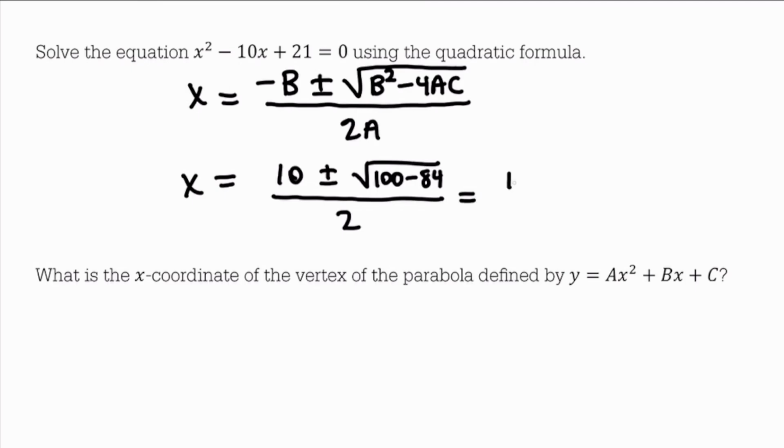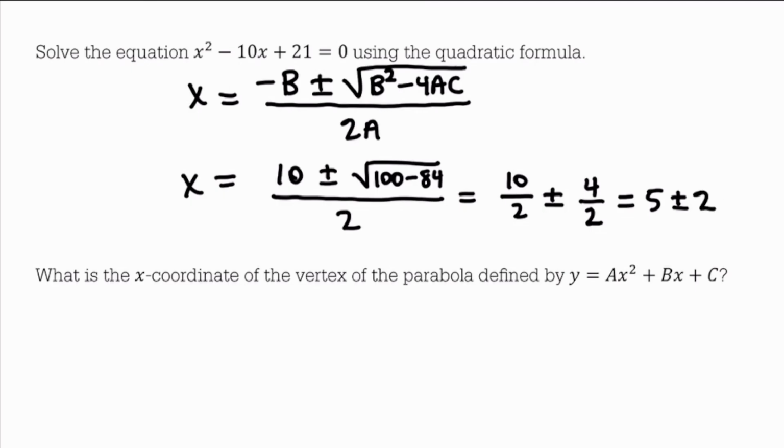So that's going to be 10 over 2 plus or minus the square root of 16, which is 4, over 2. And so what we have is 5 plus or minus 2.